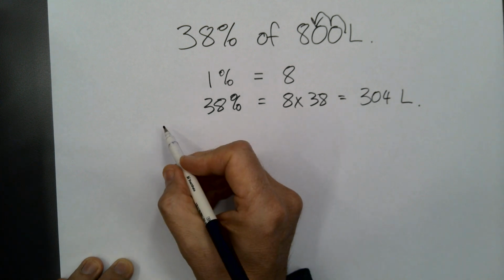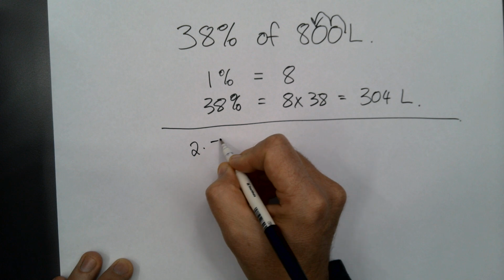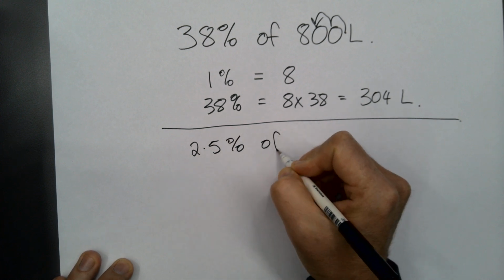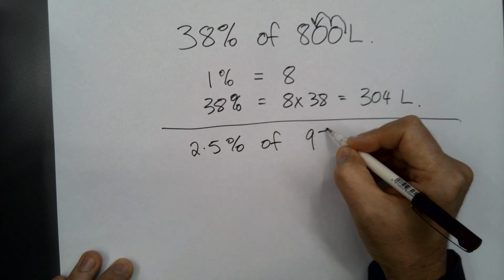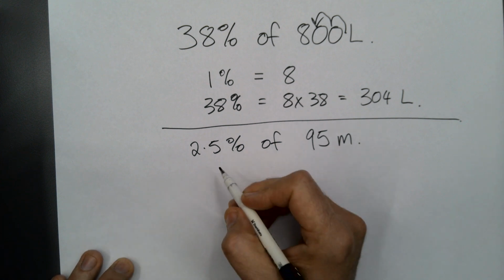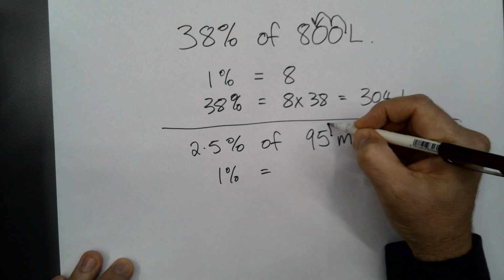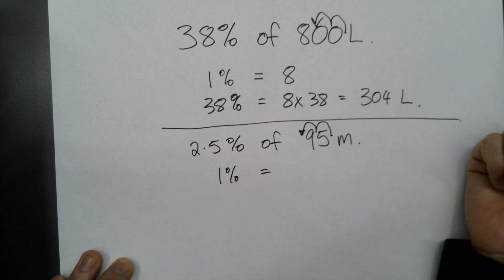So let's do another one. Let's say I want 2.5% of 95 metres. Well, same procedure. Procedure beats everything. Don't memorise particular things. Don't get hung up on individual examples. Understand procedure. We're always going to go 1%. Well, 1%, I bounce a decimal place 2 over because I'm dividing by 100.